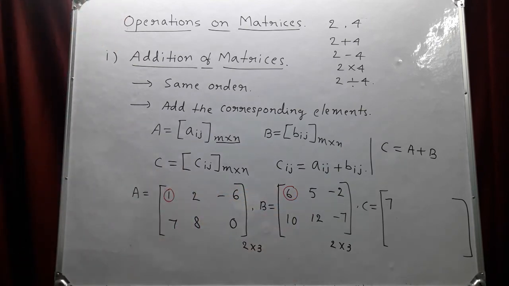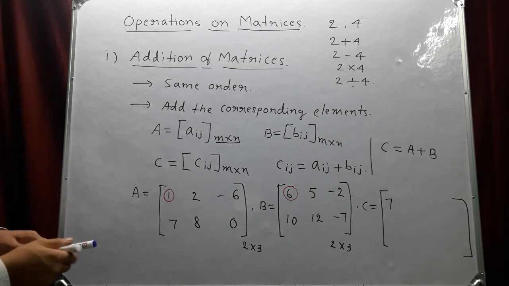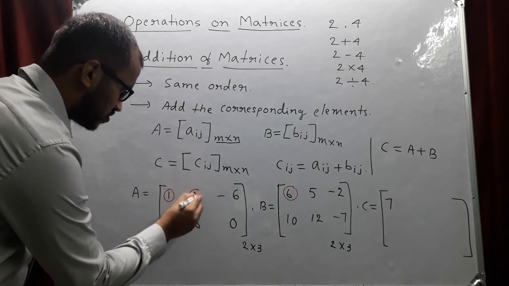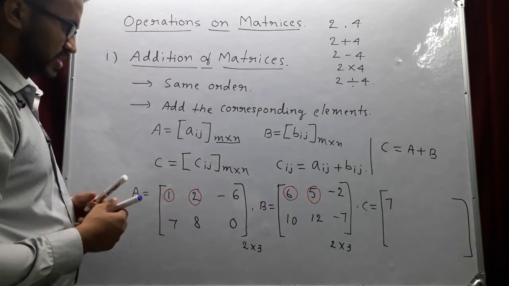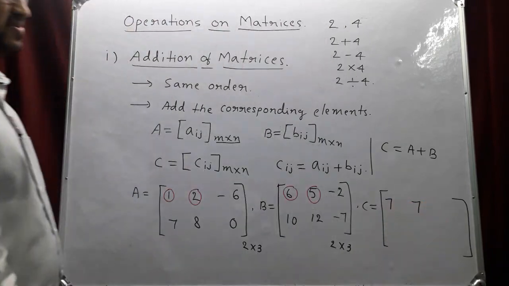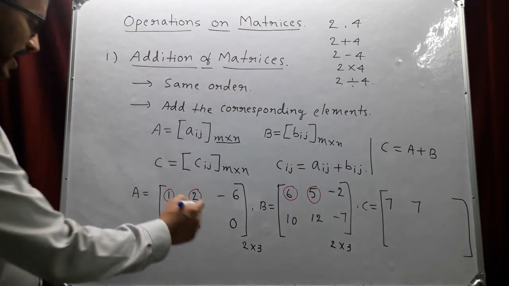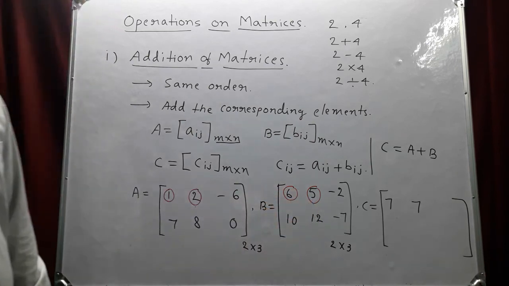Next, to get the next element, add the next two elements, that is 2 and 5. That is 2 plus 5 becomes 7. So the element C12 is obtained by adding the elements A12 and B12.